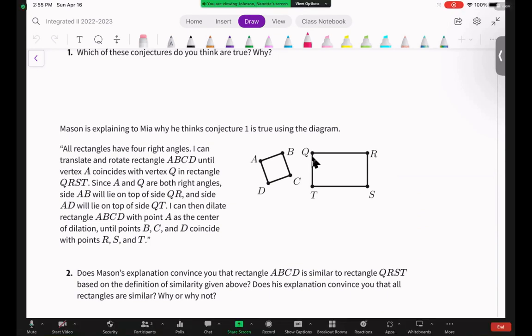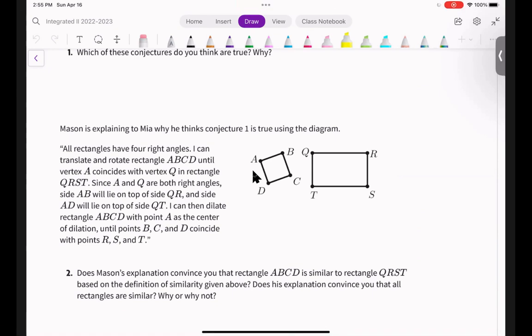Since A and Q are both right angles, we see side AB will lie on top of QR, and side AD will lie on top of QT. So there he's basically saying we're lining up this on this side and this on this side, right?